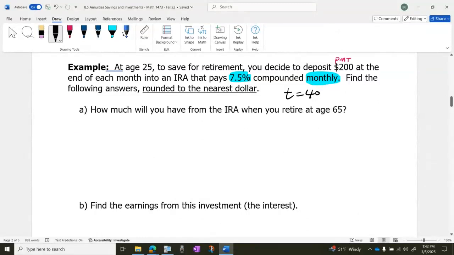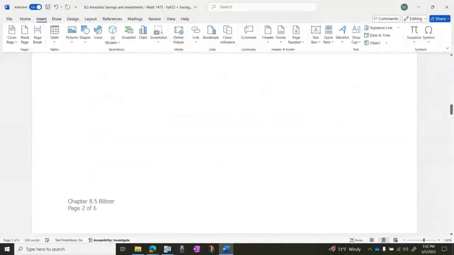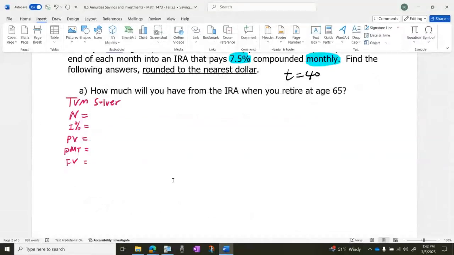All right. Remember in the TVM solver, we have the following entries to determine: N, I%, PV, PMT, FV, and P per Y, C per Y, right?